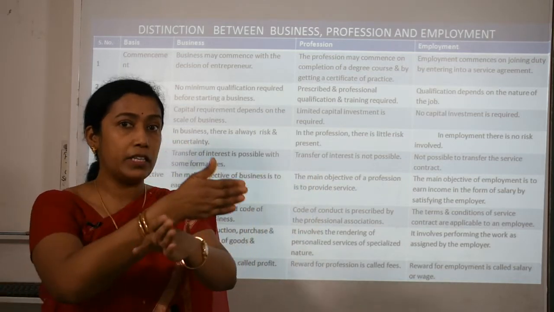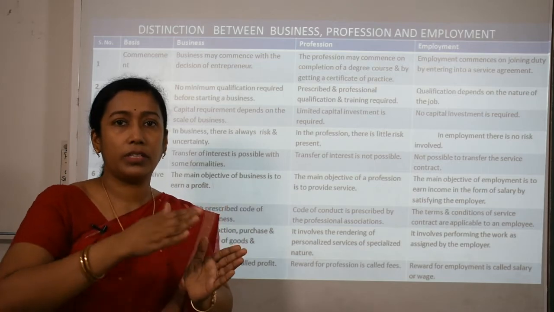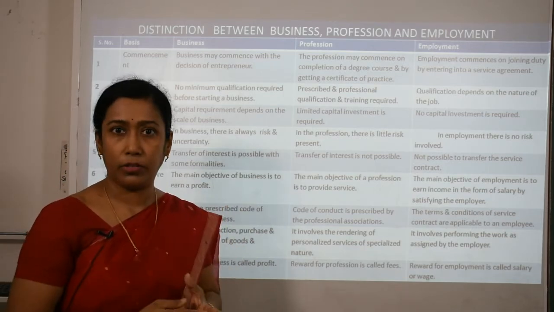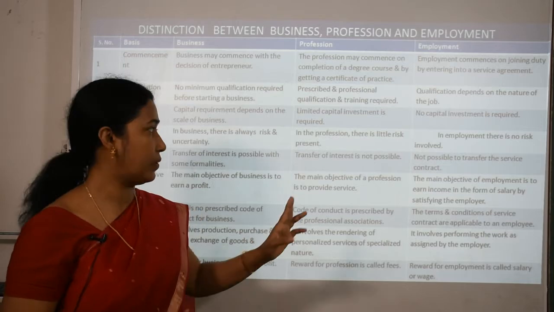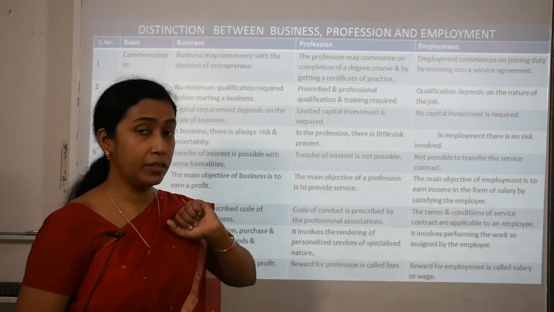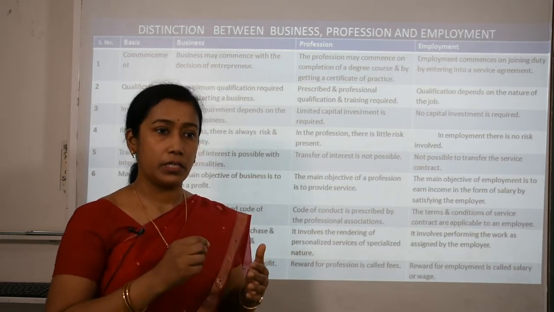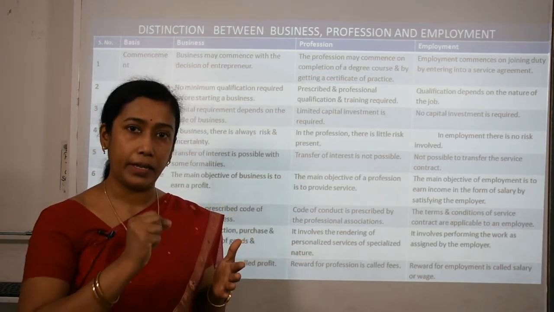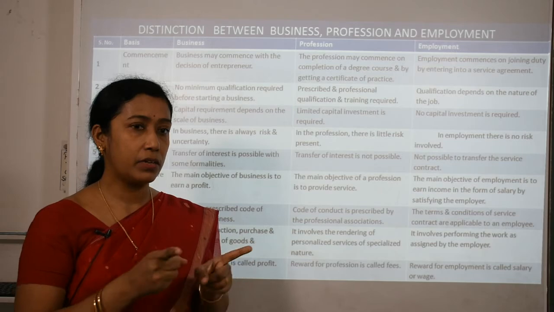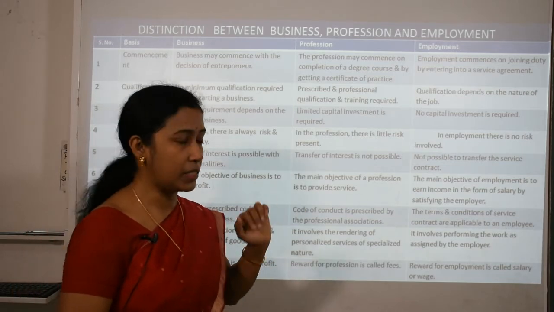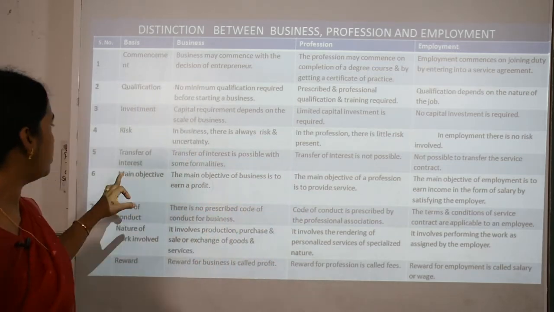Professional degrees cannot be exchanged. A doctor cannot become a lawyer, or a lawyer a doctor. In employment, it is not possible to transfer the service contract. The service contract which an employee signs with the employer cannot be transferred. So here also it is not possible.